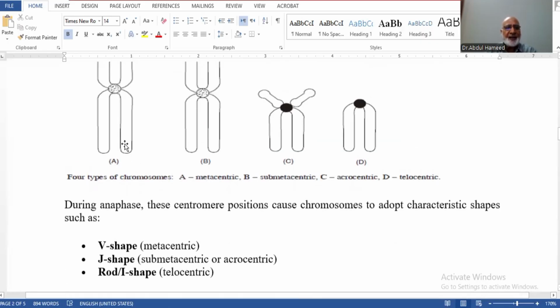In the case of metacentric, the shape will be V-type because the spindle fibers are attached at the center of the chromosome. In the case of submetacentric, it will be J-shaped. And in the case of telocentric, it will be rod-shaped, an I shape.